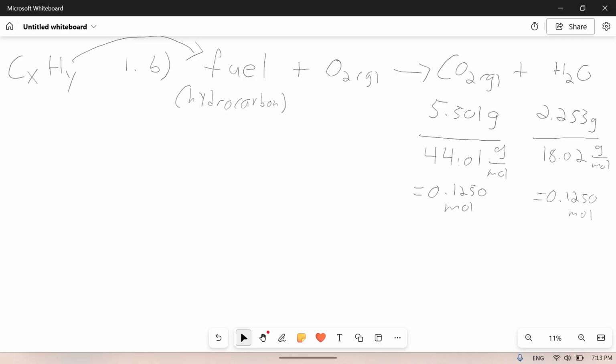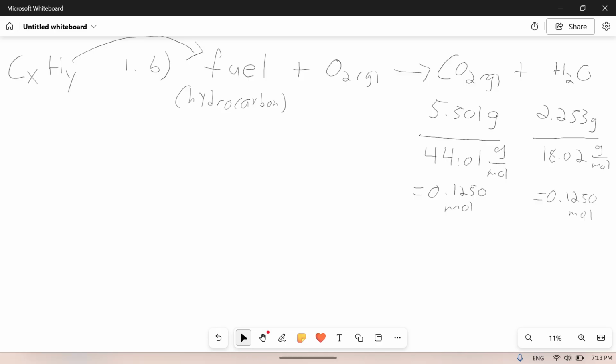Look at CO2. Inside of CO2, there's 1 carbon and 2 oxygens. Those 2 oxygens must have come from the O2 gas on the left side of this equation. So we don't really worry about that. And the 1 carbon atom in there, all of that carbon must have come from the carbon in our fuel.